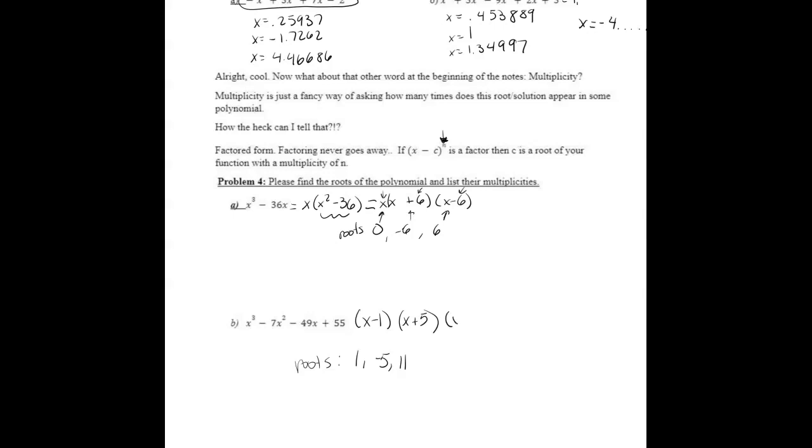And then I have x minus 11 as my factor. Alright, again, my multiplicities. This one has an exponent of 1, this one has an exponent of 1, and this one has an exponent of 1. So my multiplicities should be 1, 1, 1.